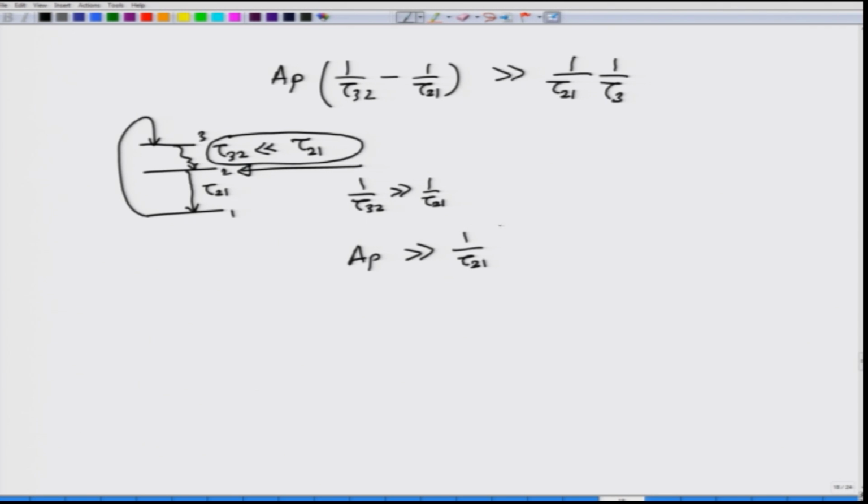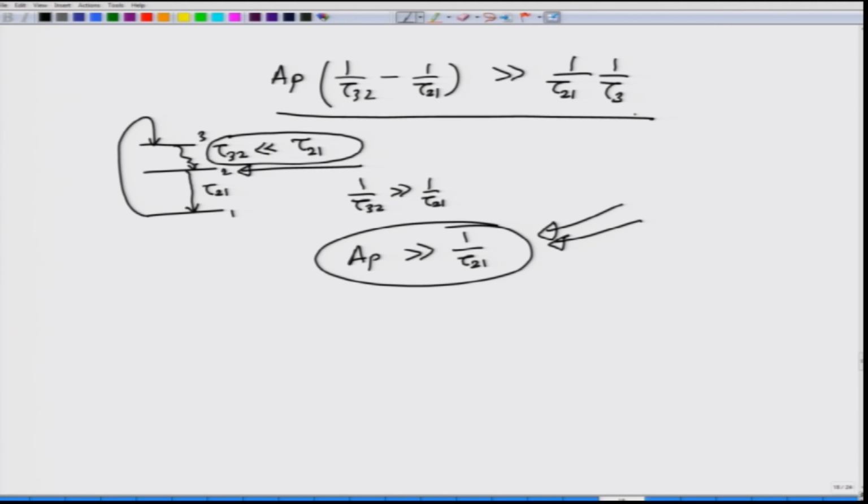So, what you actually see is that the condition on the pumping rate is that it has to be much larger than 1 by tau 21. This is an important condition, and if you are not clear about one or two points, please go back and solve this equation for yourself. Impose the condition that tau 32 is much smaller than tau 21, and you will be able to get this expression.